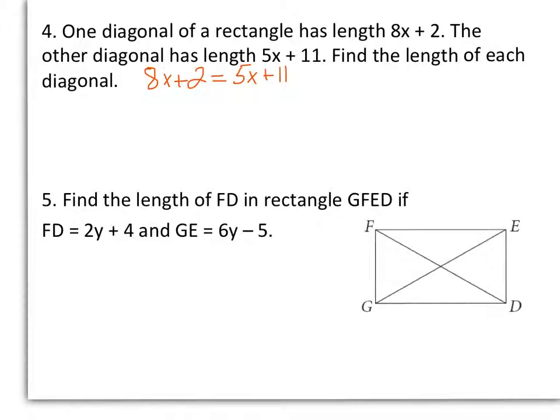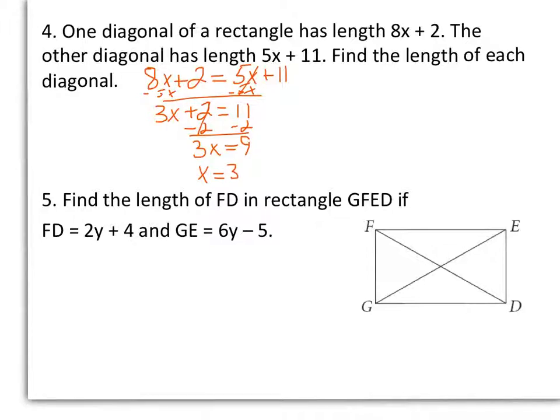All right, now I want to get my x's on one side, so if I subtract 5x, I get 3x plus 2 equals 11. Then subtract that 2. 3x equals 9, so x is 3.